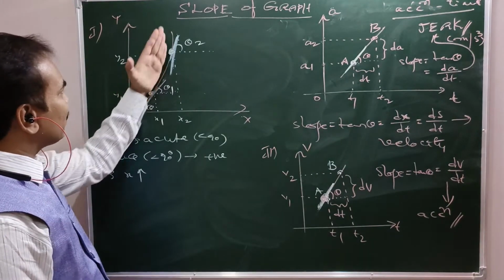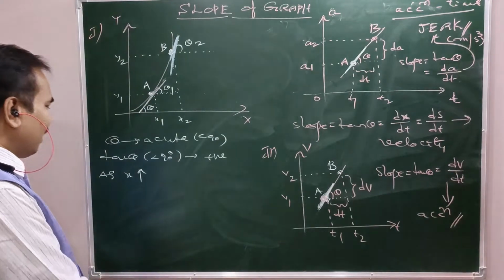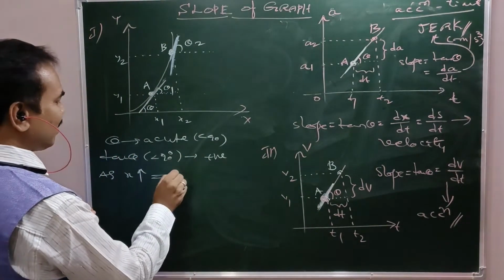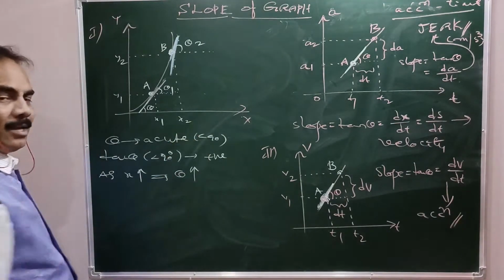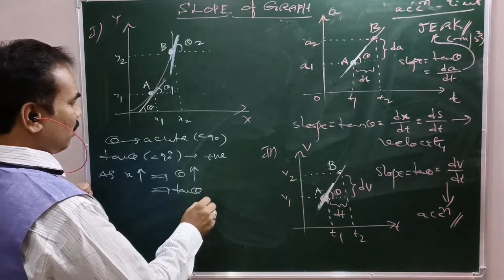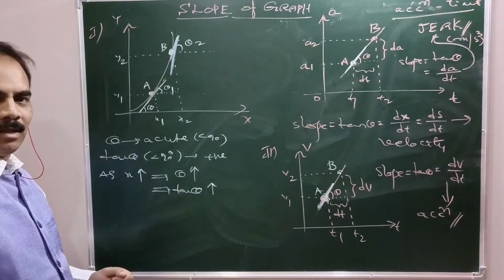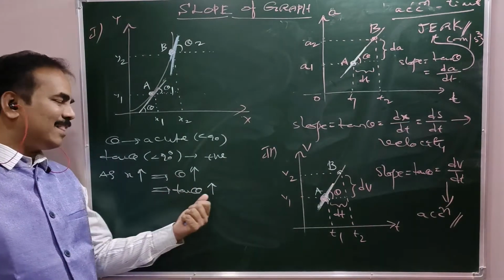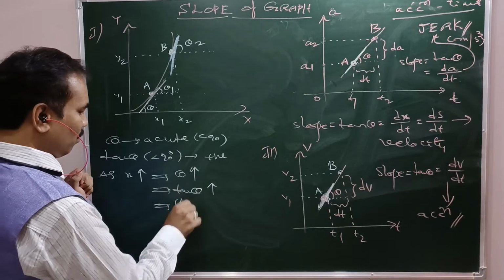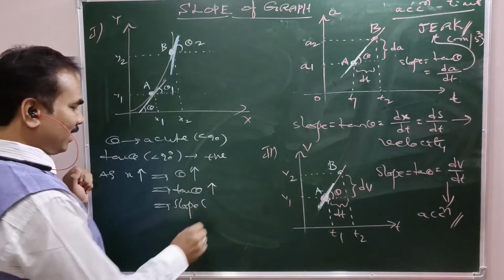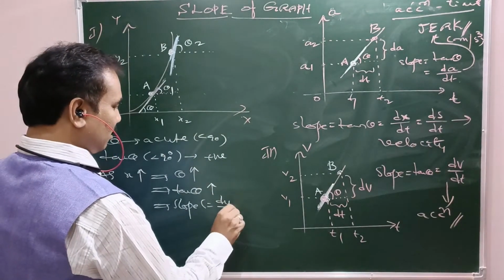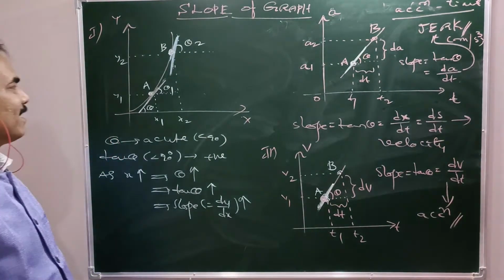So theta increases as x increases from x1 to x2. Theta increases means tan theta also increases. Tan theta means slope, that is equal to dy by dx. So dy by dx increases. Slope increases.